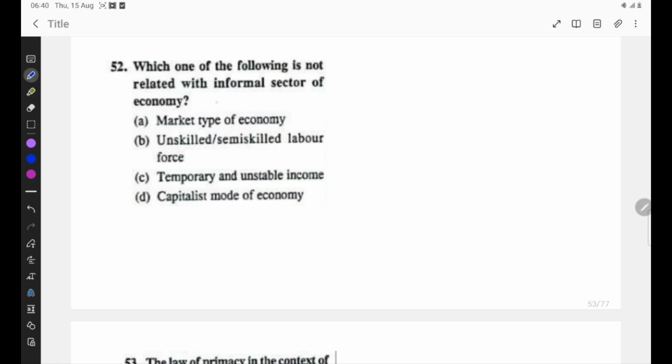Which is not informal? Market type of economy, unskilled, semi-skilled labor force, temporary and unstable income. All these three are related with informal sectors. So option D is the answer here. Option D.